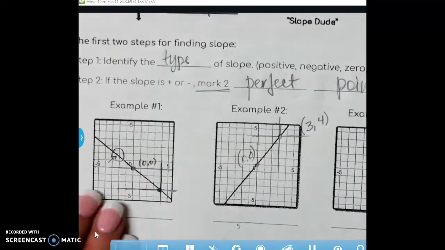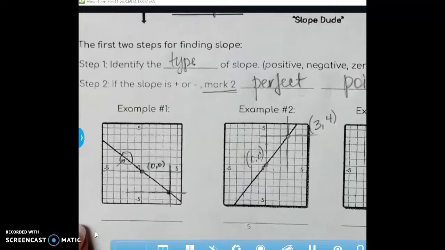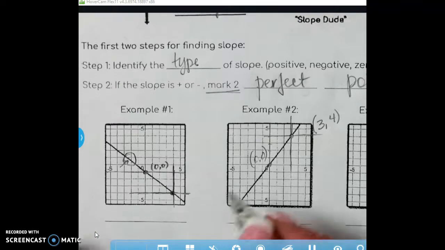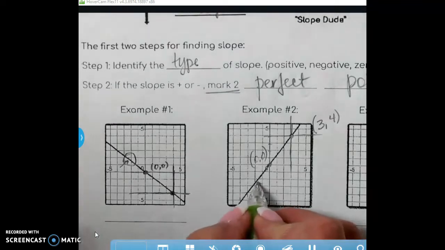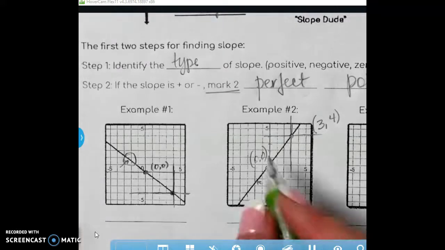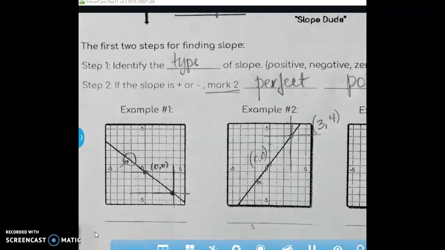Other questions might have values that are not as clearly defined. Again, I would not want to select this point right here. Yes, it is on the graph, but there's no telling what the value is. So we should not have anything that says 2.4, negative 3.1, coordinates like that.